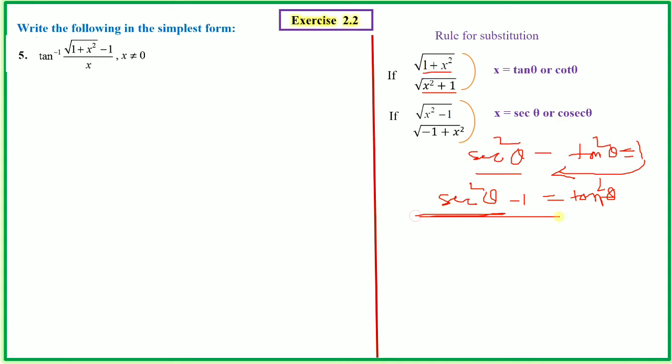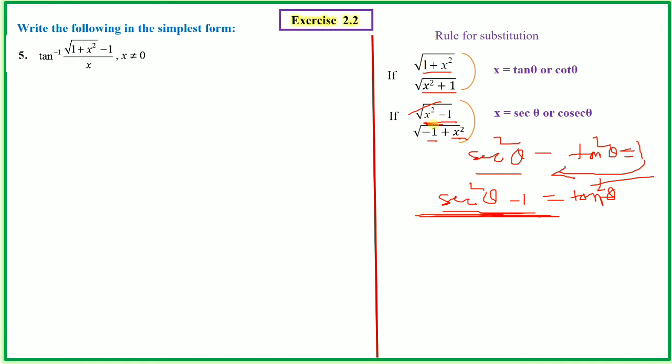Now look here, this x square minus 1, both are the same thing. So when we substitute this x by sec theta, we will have sec square theta minus 1, which is nothing but tan square theta, and this square root will cancel with this square, and then we will have simple tan theta. So you understood, the first type is both are positive, the second is constant negative and variable positive.